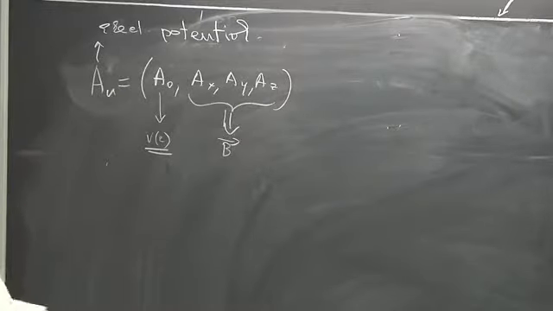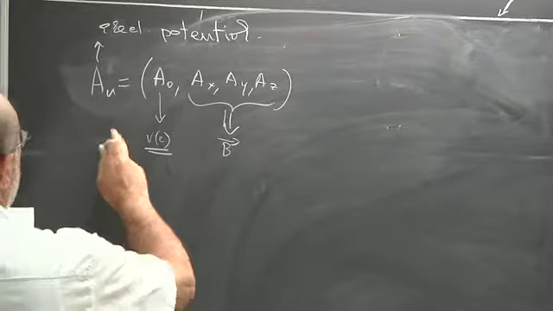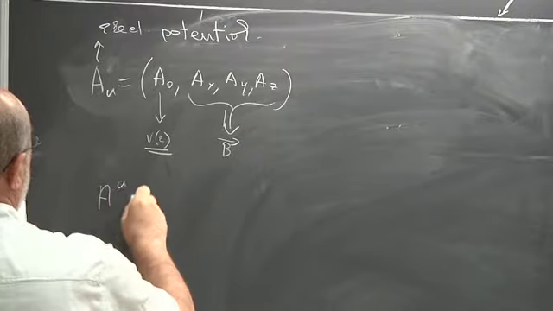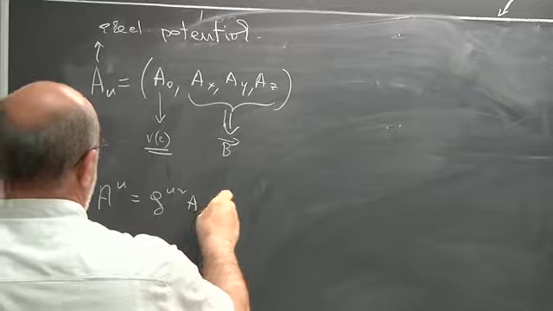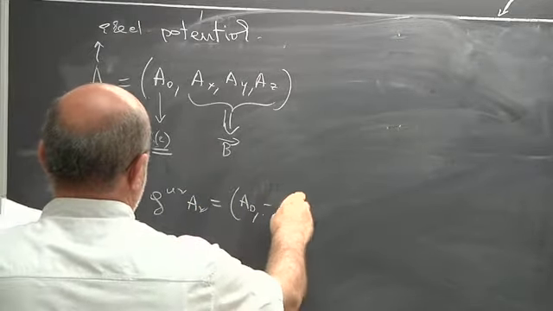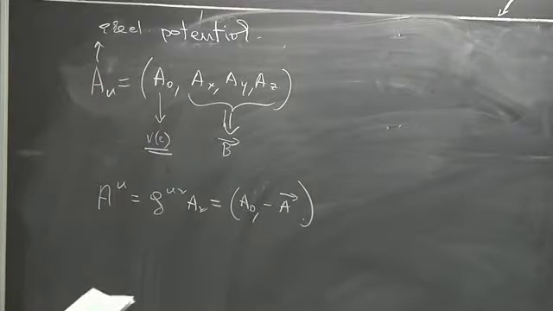And then how do you couple if you have an electromagnetic field interacting with a charged particle? You can also raise the index, g mu nu A nu, and then you get A0 minus the vector A. So you can introduce a 4-vector for the electromagnetic potential.